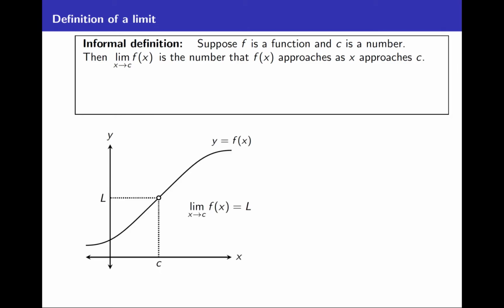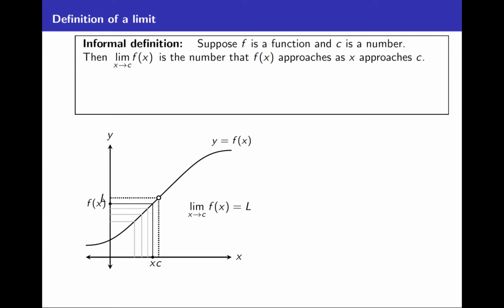And we looked at this picture last time. Here's a function, y equals f of x, and a number c. And as x approaches c in this picture, the corresponding value f of x gets closer and closer to this y-coordinate of L. You can see that happening here.